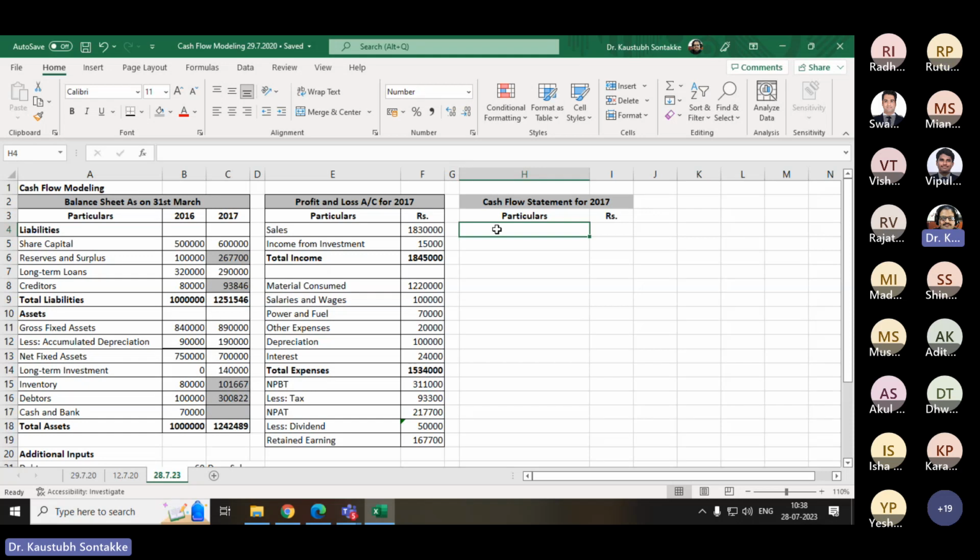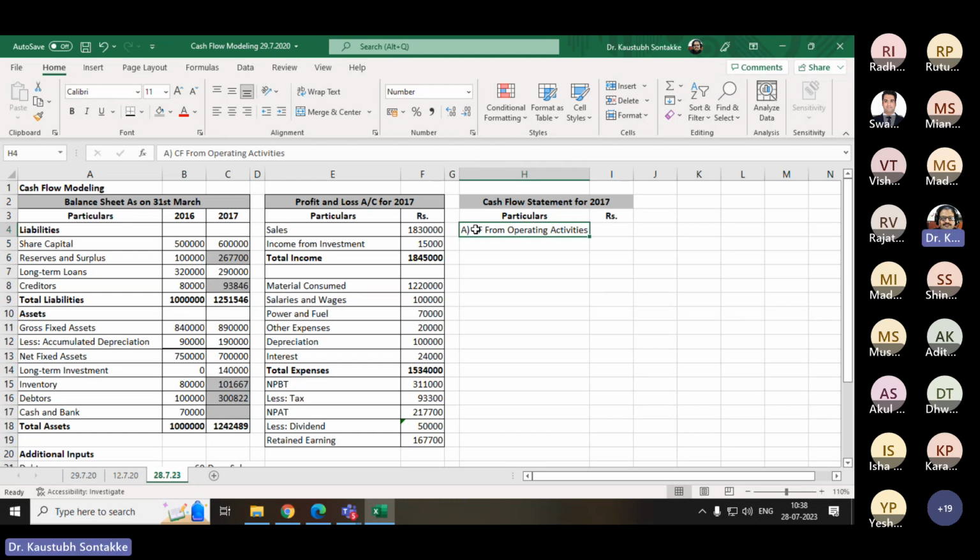Okay, so what we will do is we will give headings. First, A, write CF from operating activities. That is cash flow from operating activities.